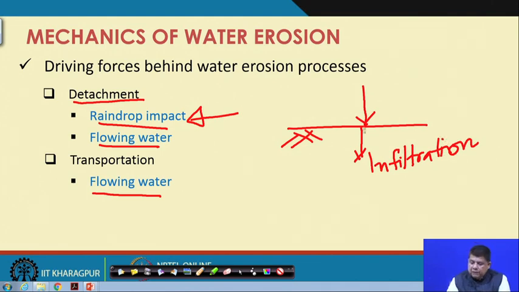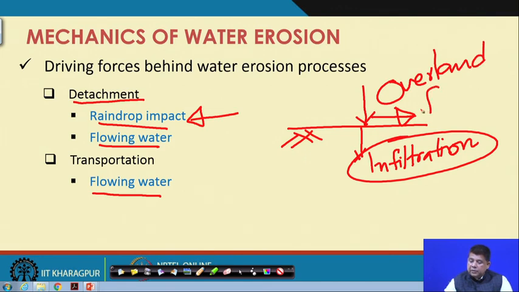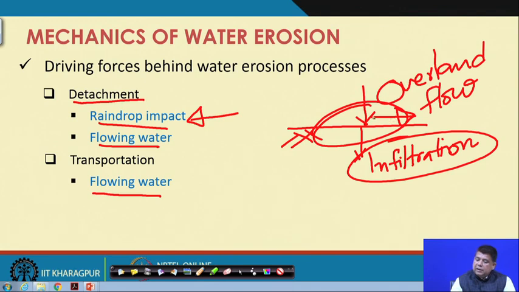So, the rainfall will first satisfy the infiltration requirement of the soil, and once the infiltration capacity of the soil is satisfied, whatever rainfall occurs will flow horizontally. We refer to that as overland flow or runoff generation, and this flowing water will carry away whatever detached soil particles are available.